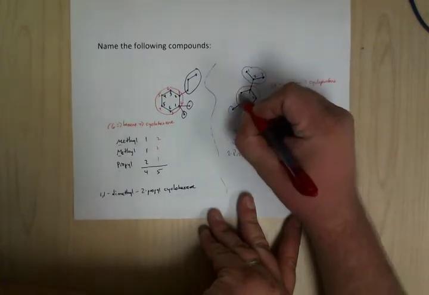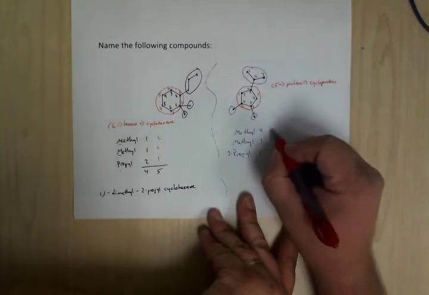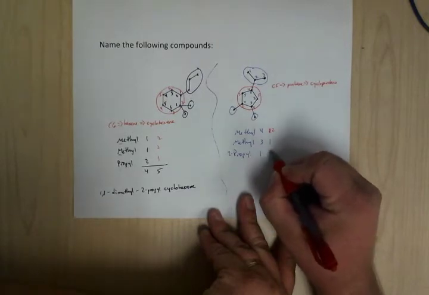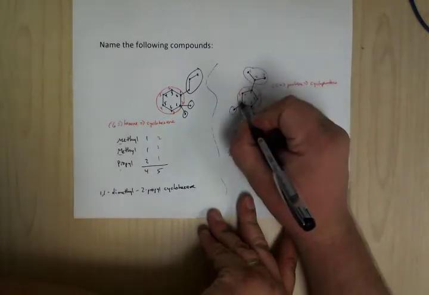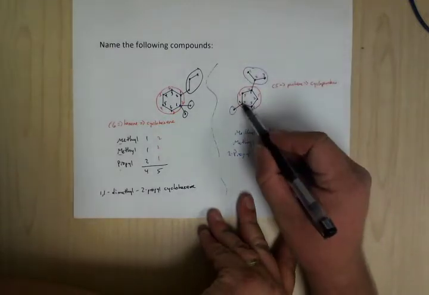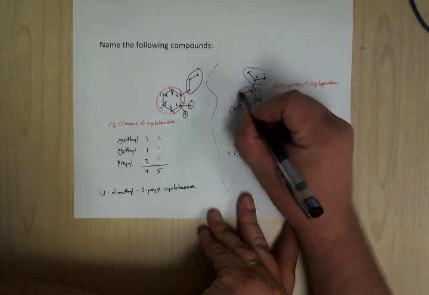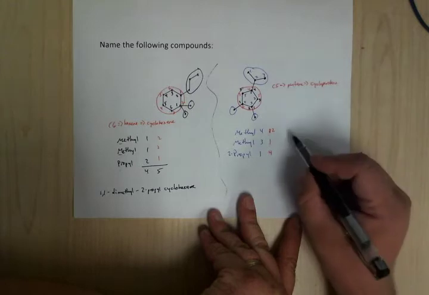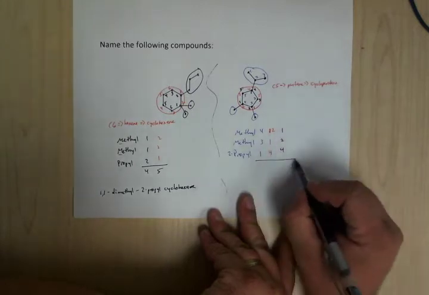So it's 1, 2, 3, 4, 5. So I think this one is 1, this one 2, this one 4. Now if we did numbering here, the nearest side chain neighbor is over here, so 2, 3, 4, 5. So here we go: 1, 2, 4. So we're going to add these up.